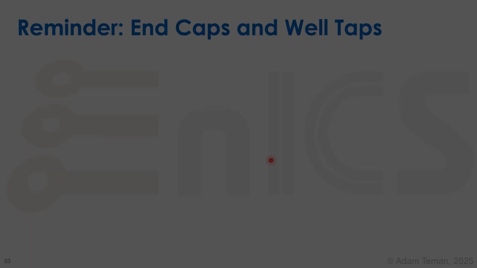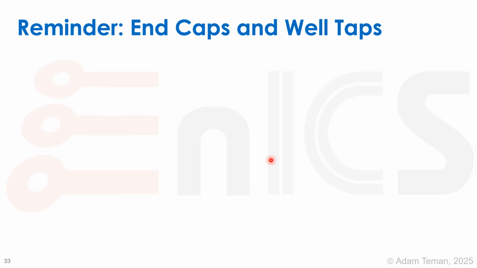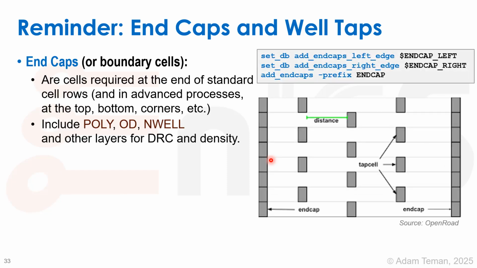So here's a small reminder about Endcaps and well taps, which we're going to be putting down next. So Endcaps, also known as boundary cells, are cells that are required at the end of standard cell rows. So you see here, these are the Endcaps. In advanced processes, they're more complicated than that. We're going to have them at the top and the bottom and at corners.